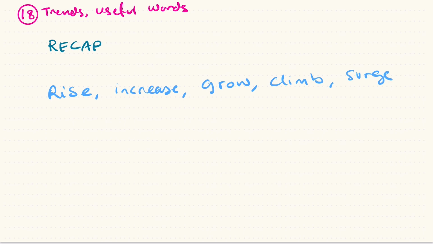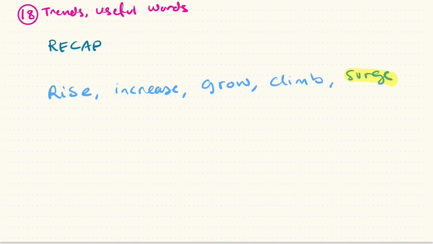So, for example, the revenue rose to 20% last year, or increased 20% last year. However, there's a little bit of a difference here between surge and the other ones. Surge is typically used when the increase is more dramatic or sharp. So for that we also need to talk about adverbs.